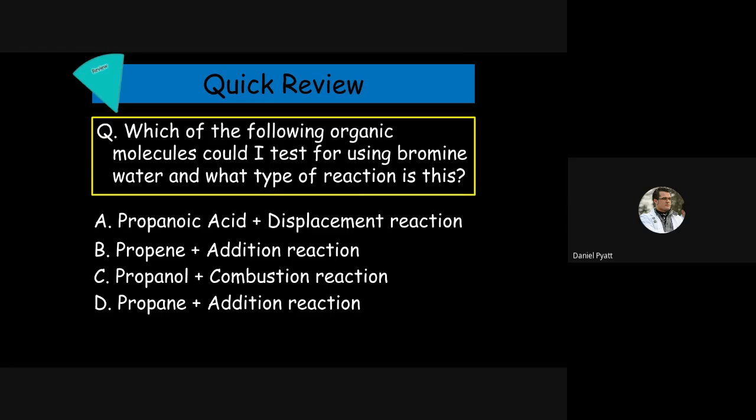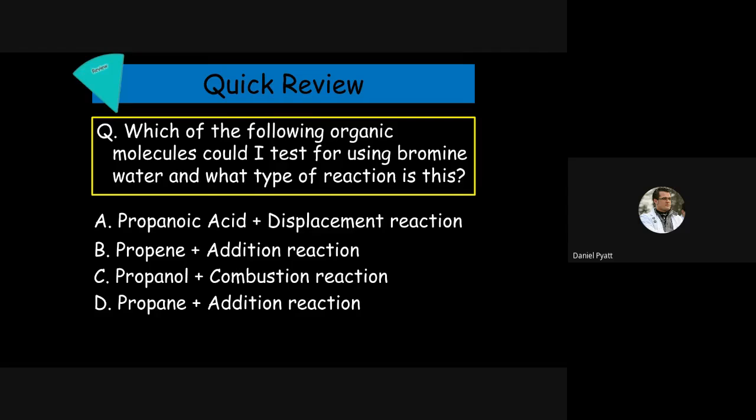We use that as the test for unsaturated molecules. We test double bonds. So again, we're looking for an alkene. Of our options, obviously we've got carboxylic acid, an alkene, an alcohol, and an alkane. All the propene, the 3 carbon chain version. So B is our answer based on that.